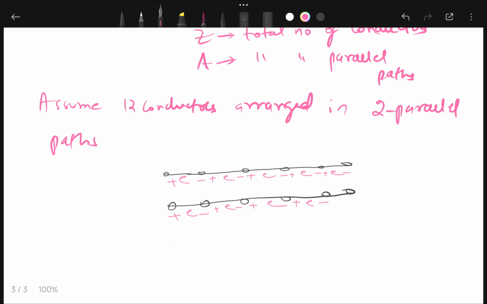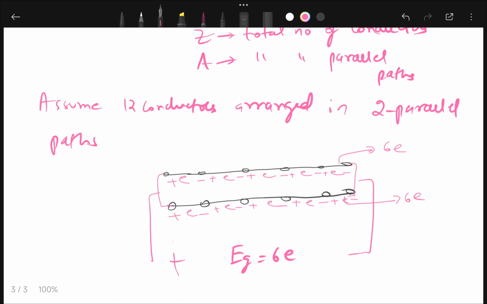So generally your parallel paths are represented like this. The total amount of EMF now induced across this entire configuration, EG, becomes 6E, because for each parallel path 6 conductors are arranged. For each conductor E amount of EMF is induced. So therefore for this parallel path 6E, and for this parallel path the EMF induced is 6E.